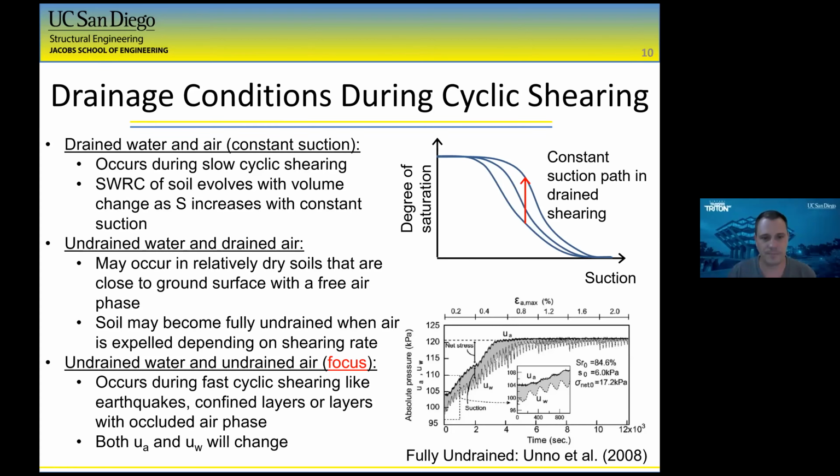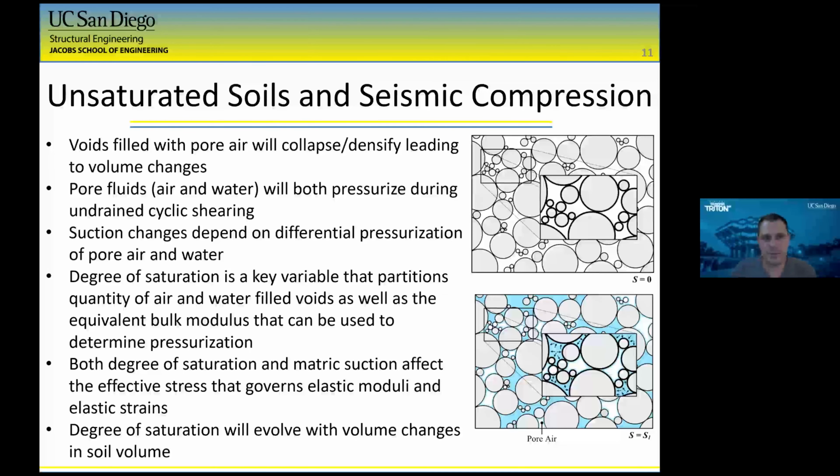So some of the challenges that we need to think about are that the voids that are filled with air are going to collapse and densify. Both of the pore fluids, the air and water, are going to pressurize. The differential pressurization of those two phases is going to lead to changes in suction. As the voids filled with air start to collapse, then our degree of saturation is also going to increase, because the degree of saturation is the volume of water divided by the volume of voids.